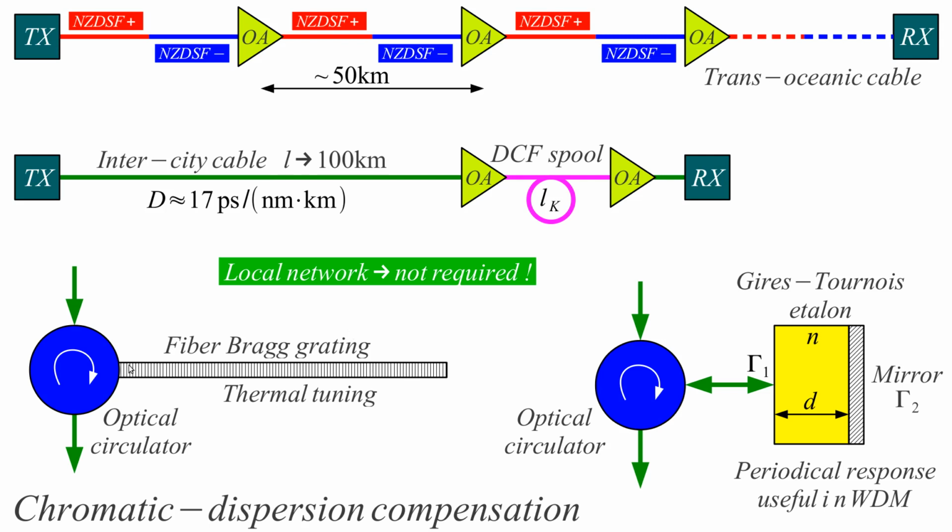Of course, this grating needs thermal tuning to adjust its length so that the faster wavelengths reflect here and the slower wavelengths reflect here. We have to tune exactly its period with thermal tuning, usually Peltier heaters or coolers along such a grating. So this can be done as a plug-in box that's adjustable by thermal tuning to compensate for any length of fiber on our link. So in place of the DCF spool, we can have something tunable.